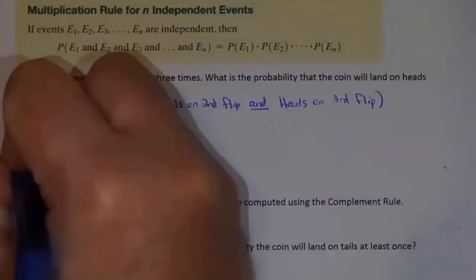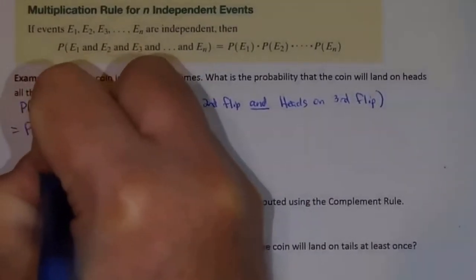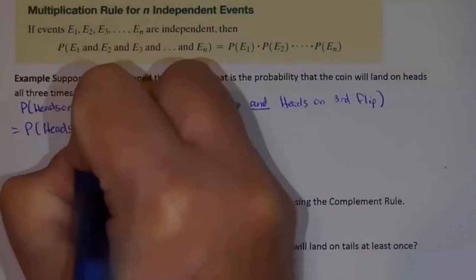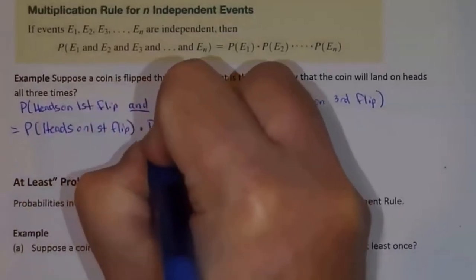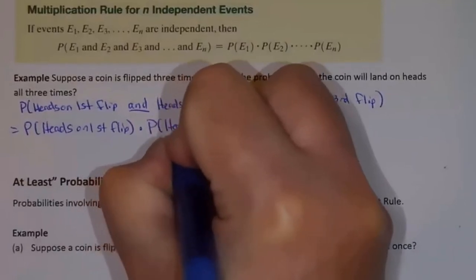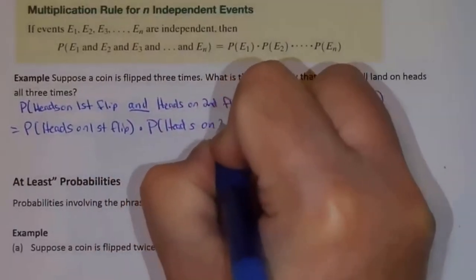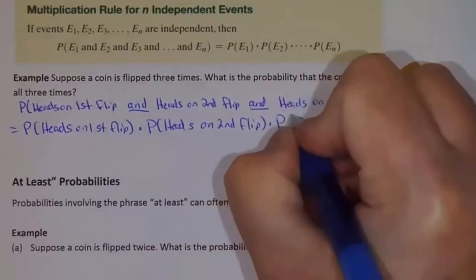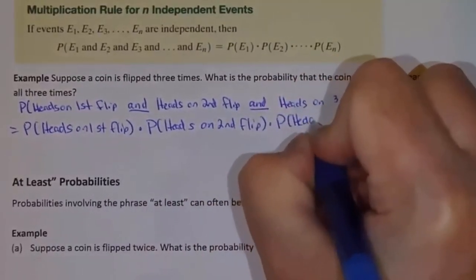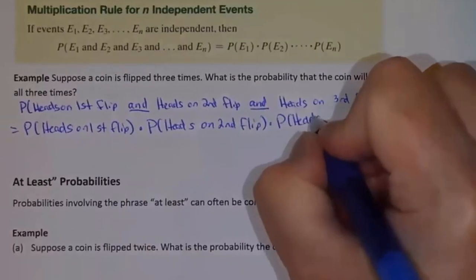That's going to simply equal the probability of heads on the first flip times the probability of heads on the second flip times the probability of heads on the third flip.